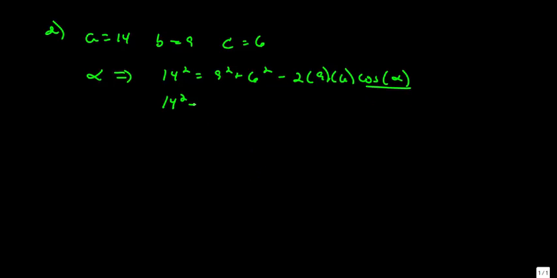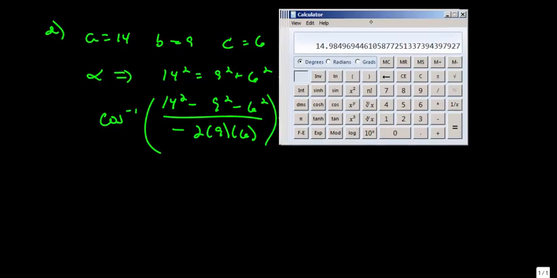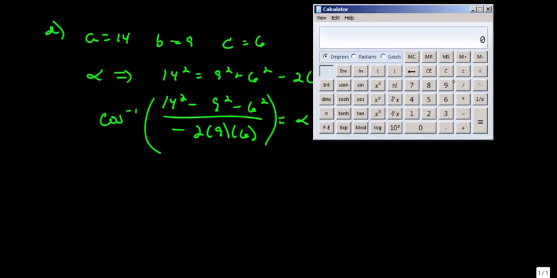So this is going to be 14 squared minus 9 squared minus 6 squared divided by negative 2 times 9 times 6. And then we want to get alpha, we want to take the arc cosine of that. So I just need to plug that guy into my calculator. So the law of cosines is just more computation than really anything.